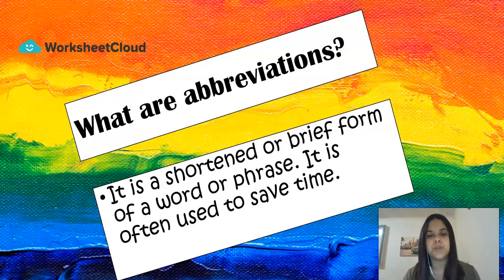But for example, we can look at the words laugh out loud. It is now a shortened version of laugh out loud. An acronym, like I said, but it gives you kind of an idea. If you're still wondering what this abbreviation could be, it kind of gives you an idea now of what that could be.